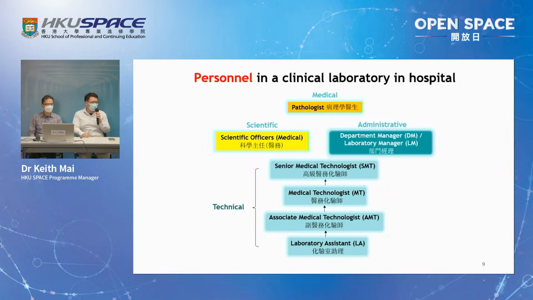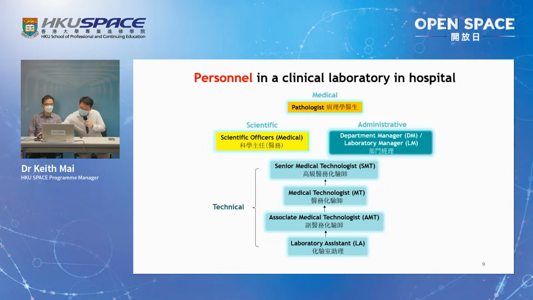So let's take a look at what types of career pathways there are for a medical laboratory technologist. This is a chart showing the progression for an MLT in a Hospital Authority hospital.